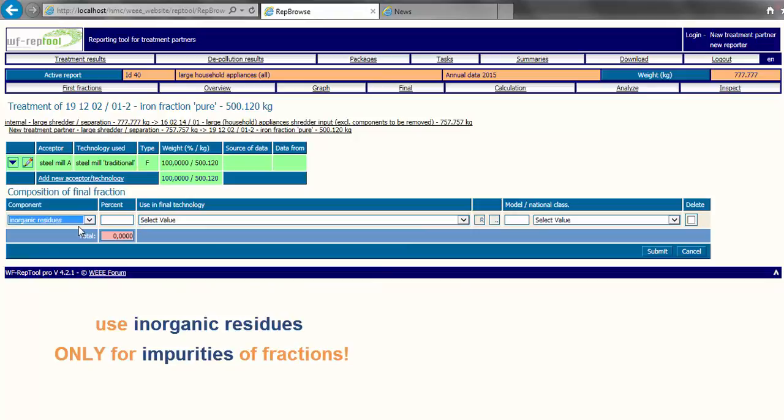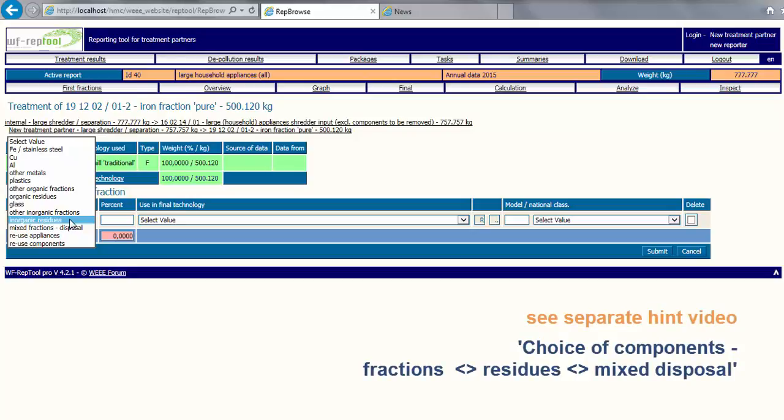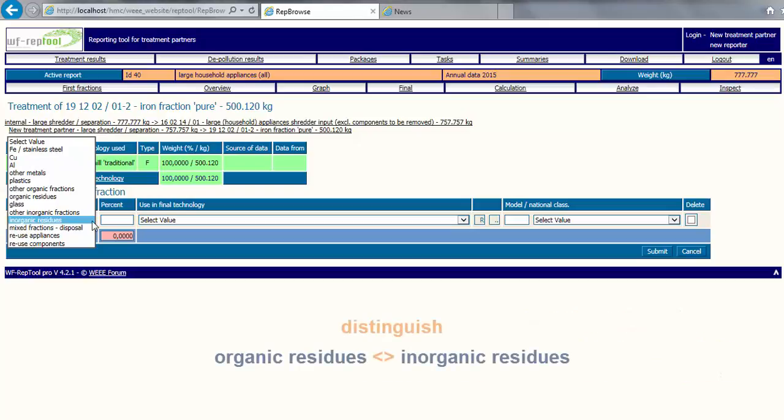Please use this component only for impurities of other target fractions. Please also for this have a look at the separate video on how to distinguish fractions from residues and mixed disposal. As far as you can, distinguish organic and inorganic residues, as the possible use in the final technology may be different.